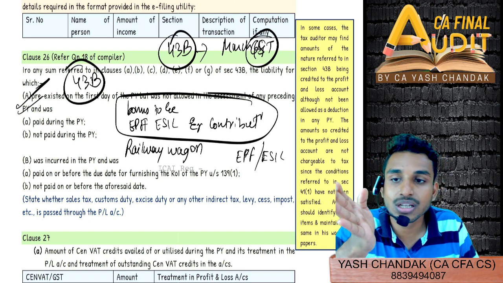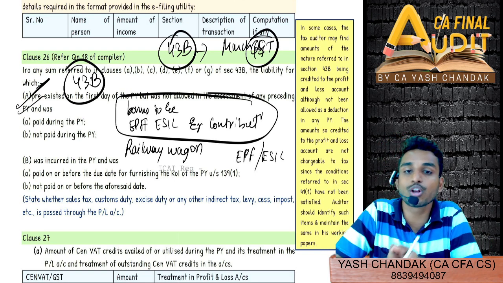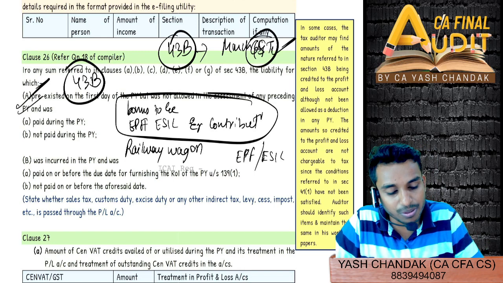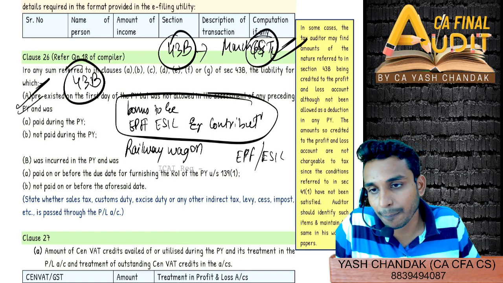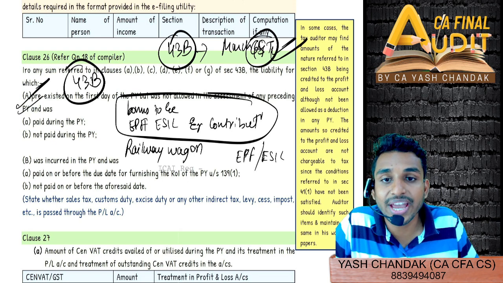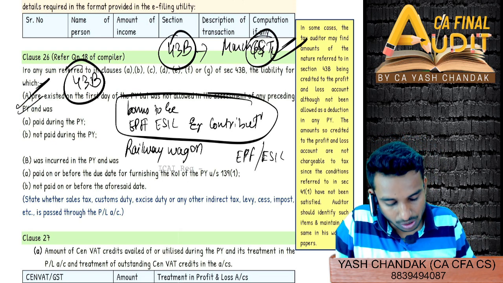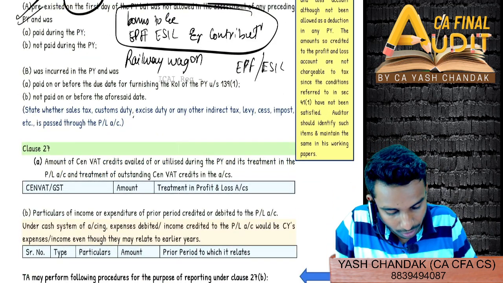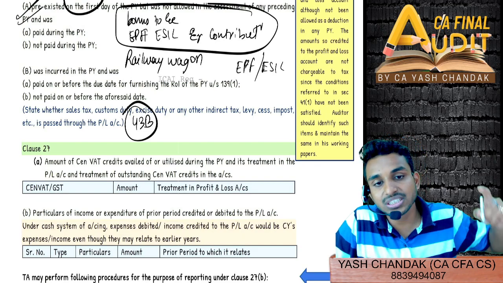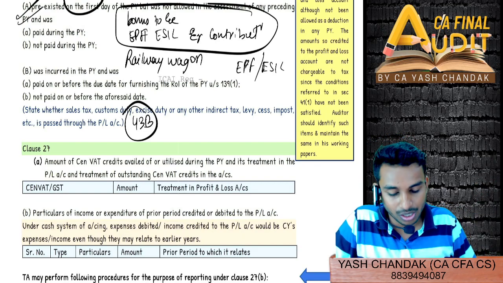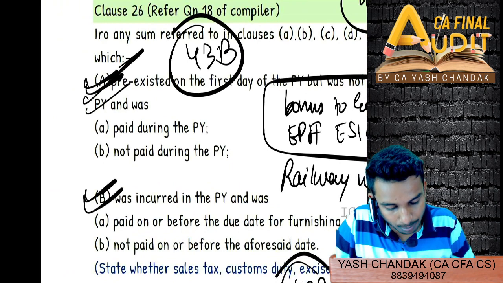If you have paid before the due date of return of income, only then this expense will be allowed, as it will be added back to your income and allowed in the year of payment. So in clause 26, you have to report all these expenses which are disallowed under section 43B and which are allowed under section 43B. So this is clause A, subclause A and subclause B.